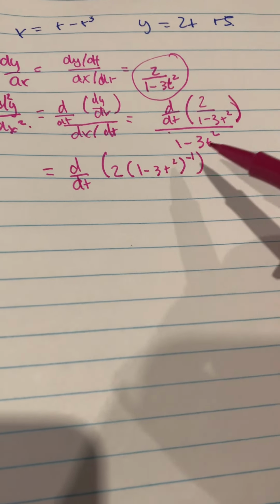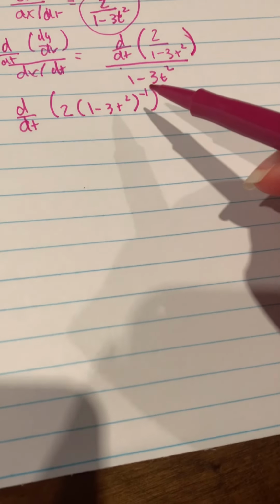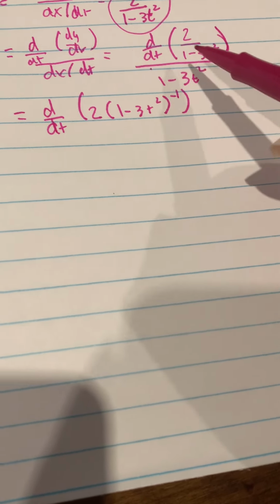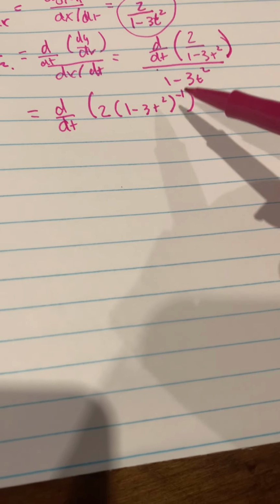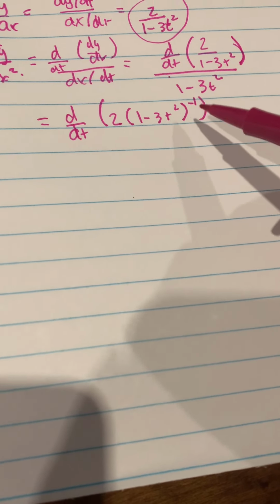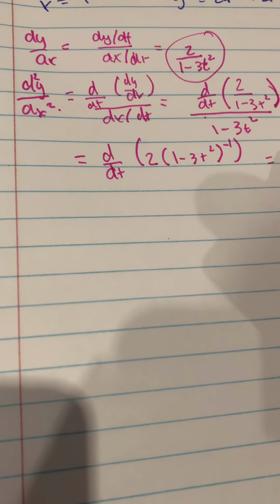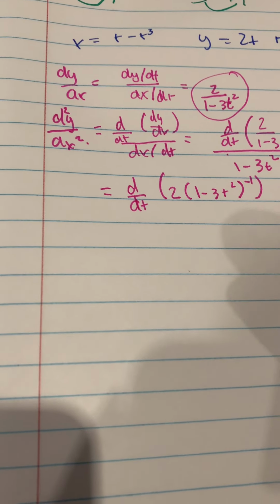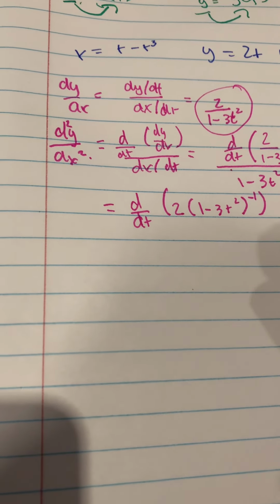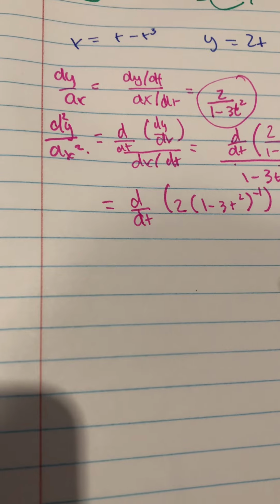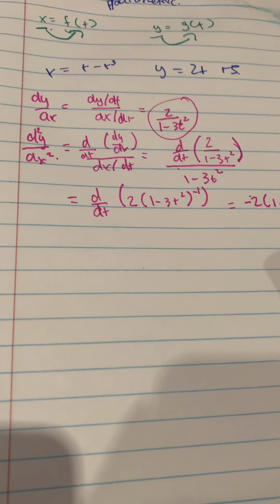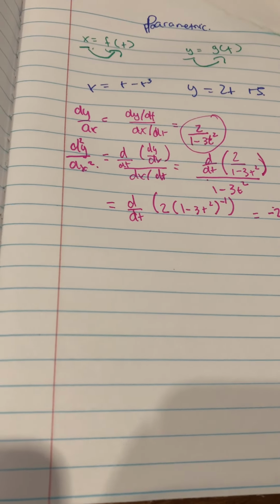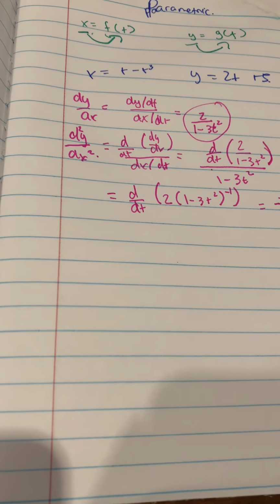I'm just rewriting this in another form to make it easier to solve, so I move the denominator to the top with the power of negative 1. So this will equal negative 2 times (1 minus t squared) to the power of negative 2. I'm just doing the chain rule to take the derivative.